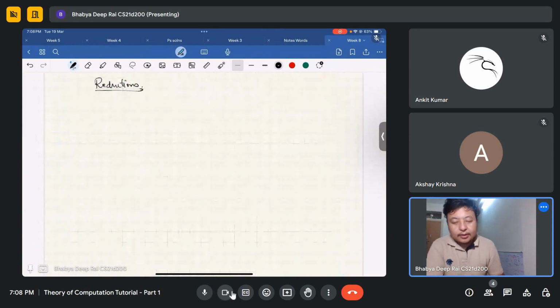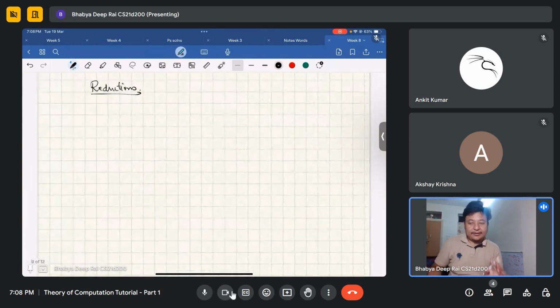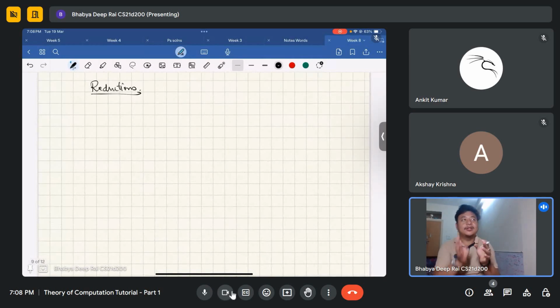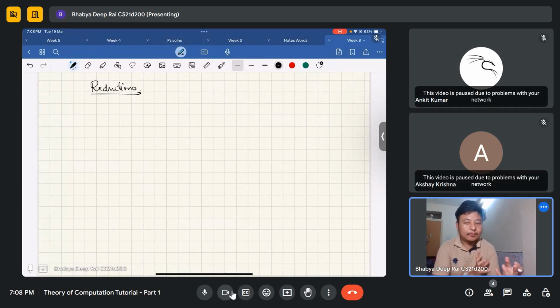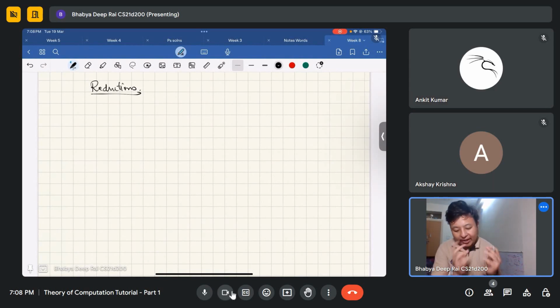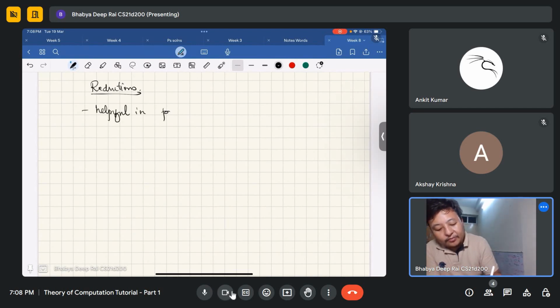Now, what are reductions? A reduction is a way of transforming one problem to another. Why is it helpful? It is helpful in proving undecidability.